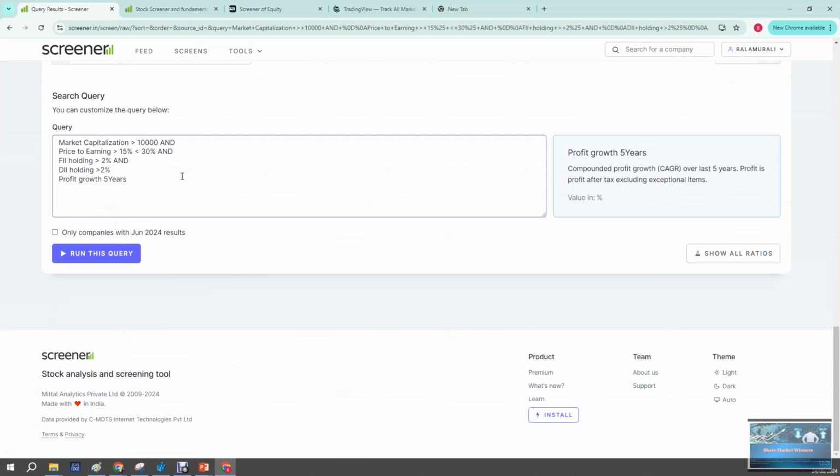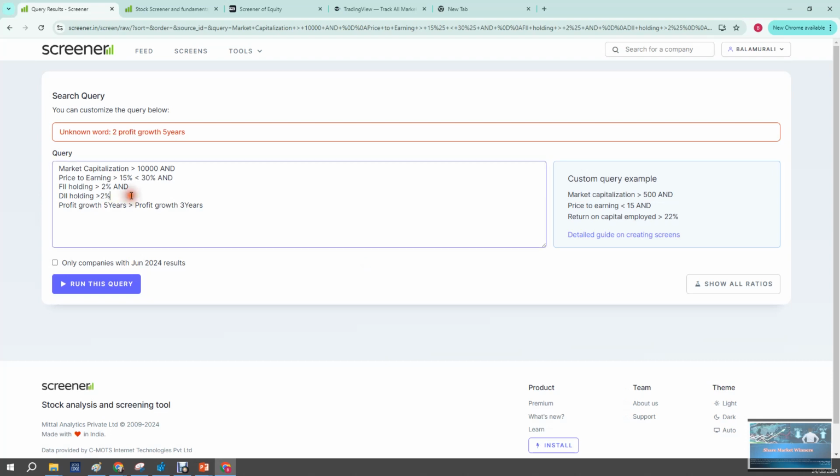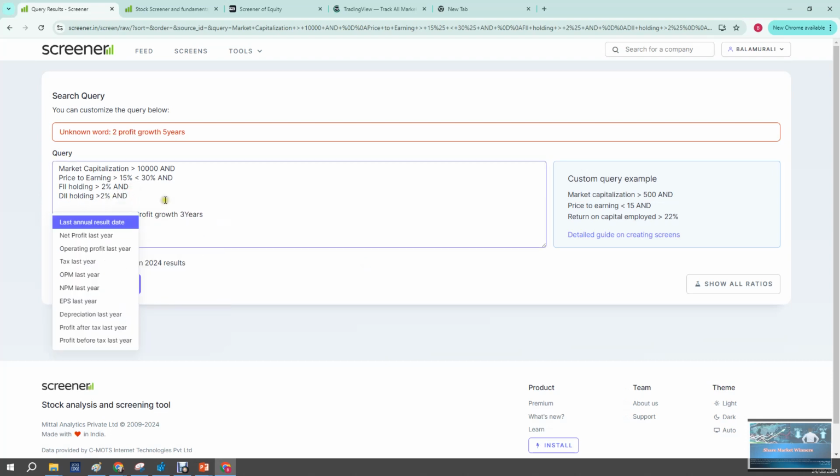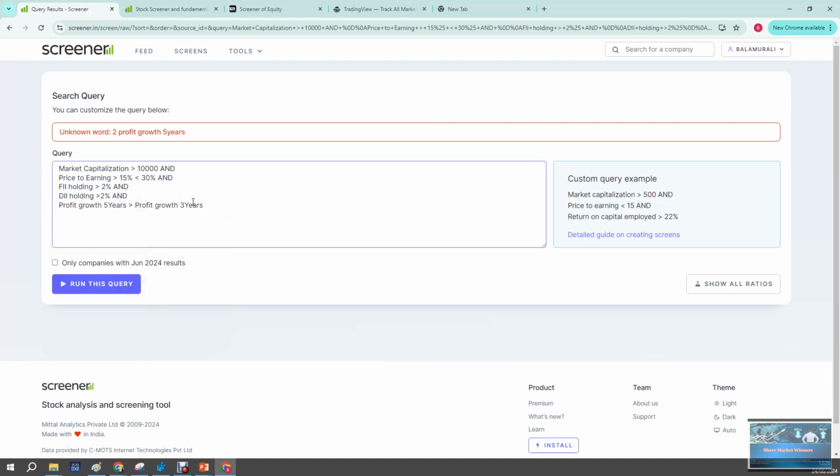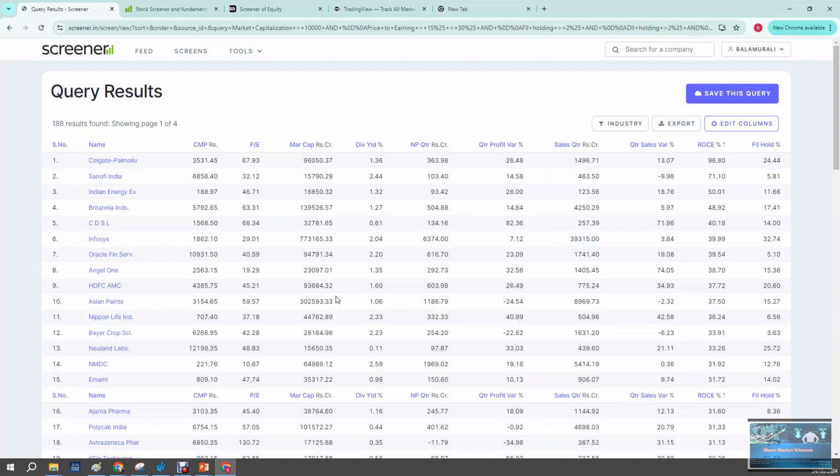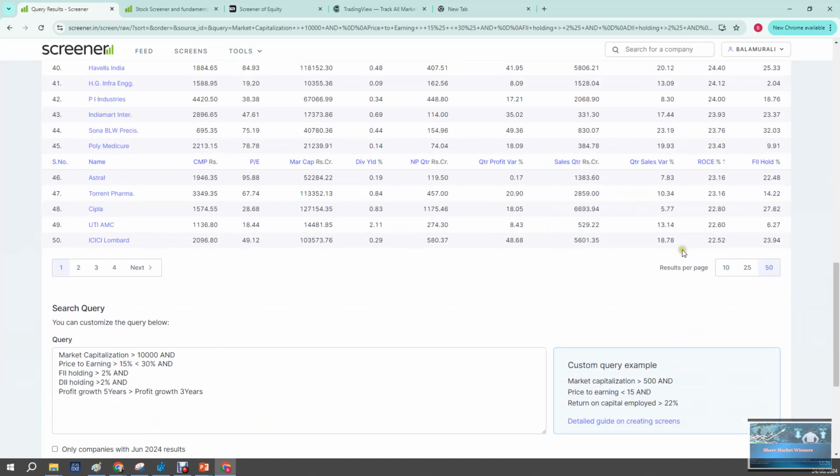Profit growth is greater than profit growth of last 3 years. Okay, basic. So I'm just giving an example for you to run, so that previously it used to be more.